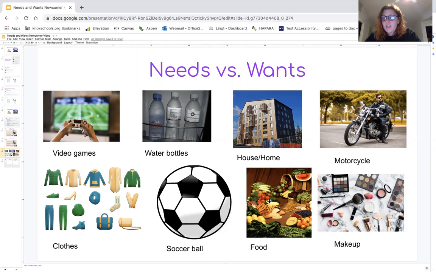Food, a need or a want? And makeup, a need or a want? Write down your answers on your paper. So which are needs, which are wants?